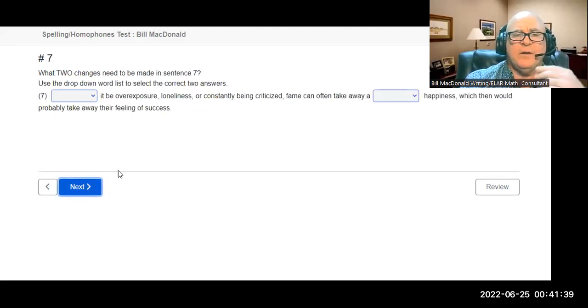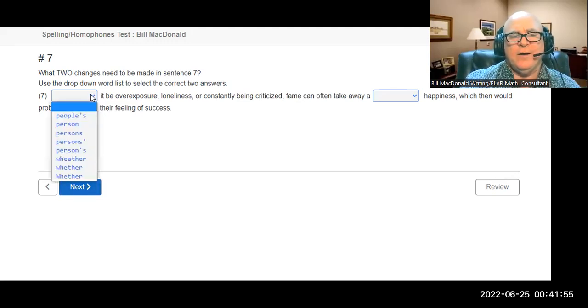Number 7 is going to be giving your kids some exposure, thinking of the word overexposure, to selecting the right answer based on a drop-down list. Okay, well, I only see one word that's capitalized here, so process of elimination, it's going to have to be capital weather.